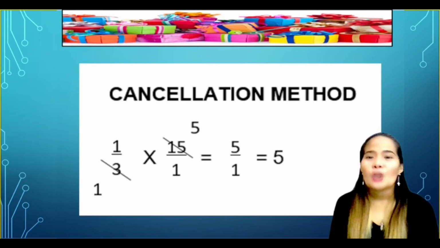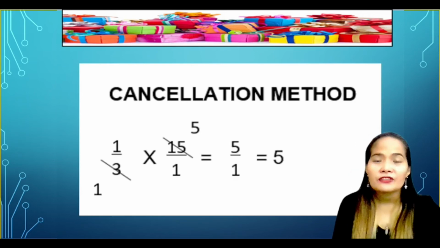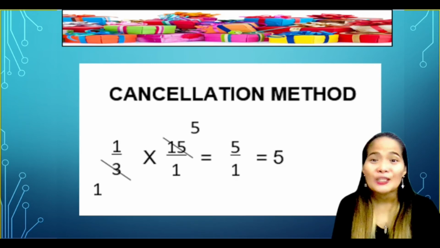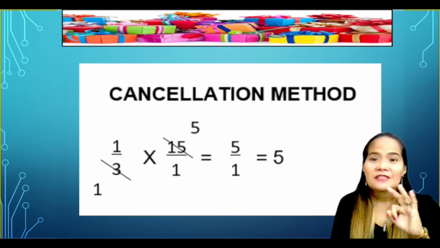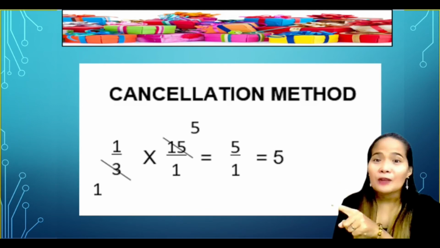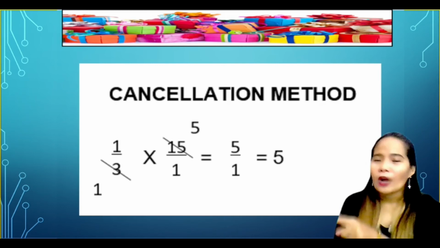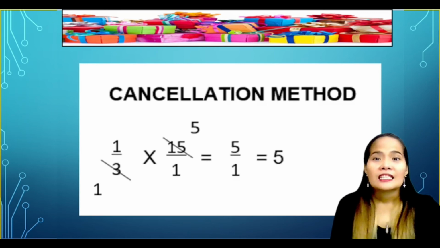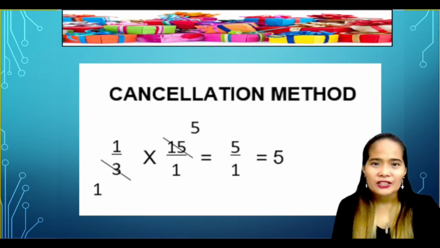So, the greatest common factor of 15 and 3 is number 3. Divide 15 by 3. The answer is 5. Divide 3 by number 3, or the GCF 3, is 1. So, next thing is to multiply the numerators and multiply the denominators.